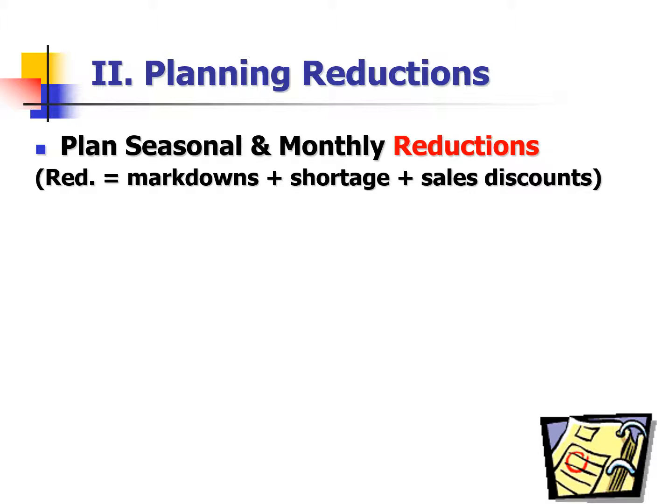Reductions, as we already know, include markdowns and shortage, as well as sales discounts, such as customer discounts and employee discounts. And so the reductions that we are planning here, for both dollar and percentage, will include all these 3 different components of reductions.